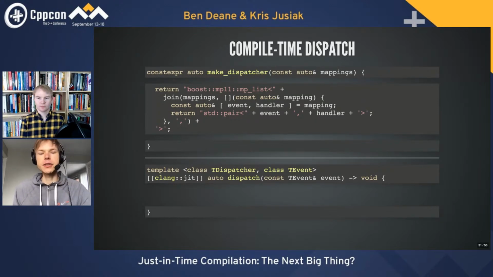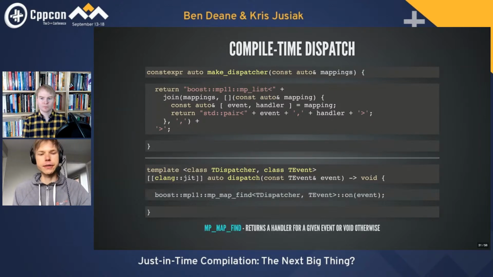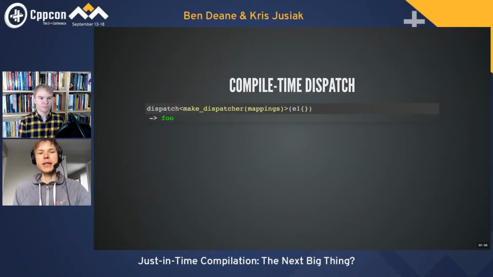And after that, we have dispatch, which is a Clang JIT function. So the dispatcher will come from that string, and an event will come from the host. What we'll do here is a map find, which will return a handler for a given event, or void otherwise, and then just call on it given an event. I hope that makes sense.